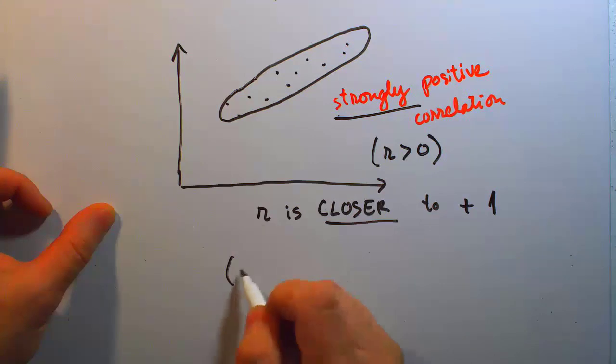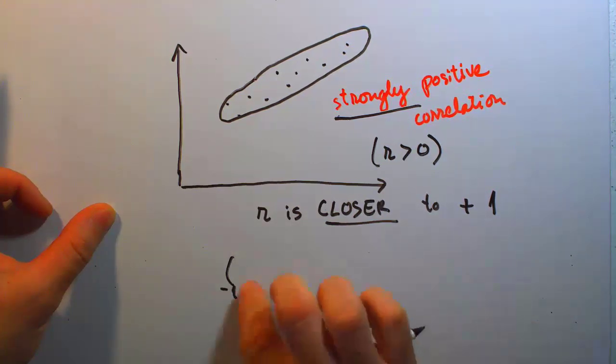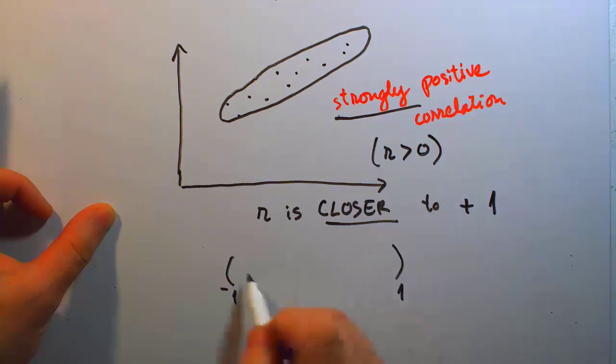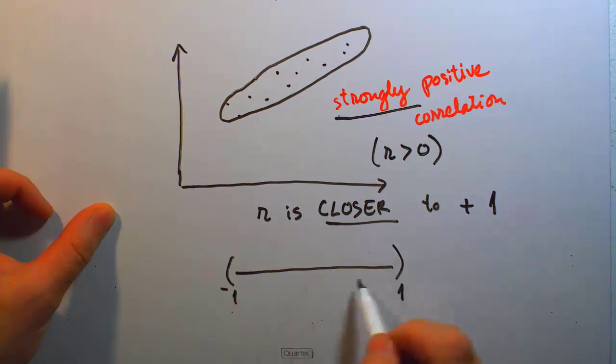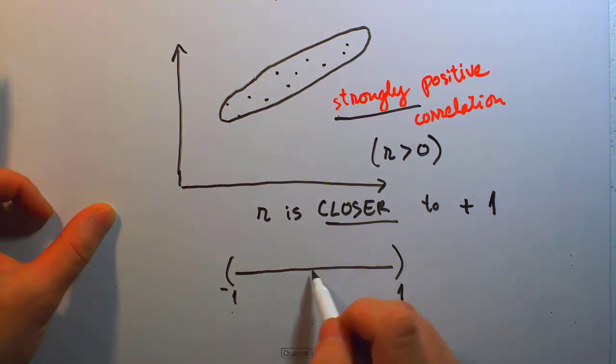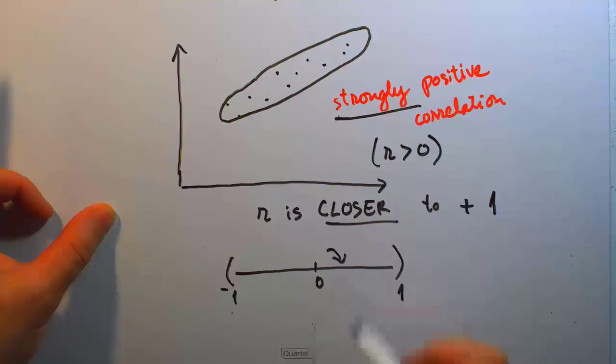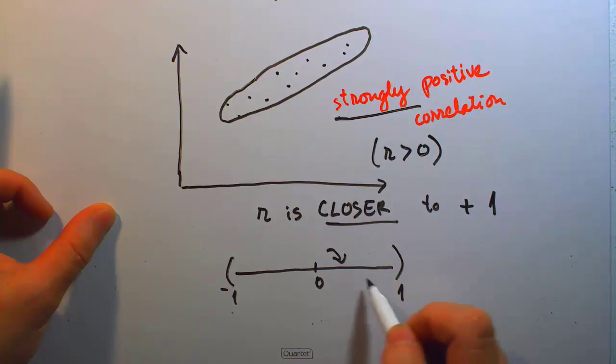All right, so think about what makes sense here a little bit. The -1 is the low extreme, positive 1 is the high extreme. So here's the interval between anywhere from -1 to 1. And 0 is exactly in the middle. So if R stays somewhere to the right-hand side, that's a positive. This is a positive area for R value.